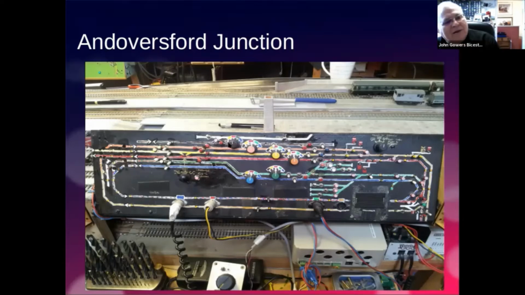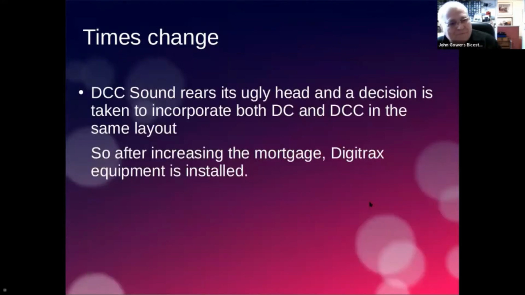So at any one of these points, I could change between DC and DCC, which on the face of it sort of worked until you forgot and you ran a loco across between the two, on one of the crossovers, and you got one set on DCC and the other one set on DC. So it really wasn't ideal. And as I've said here, you needed a mortgage to buy all the Digitrax stuff.